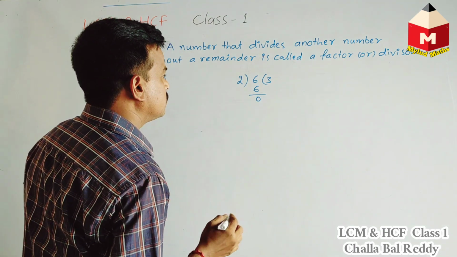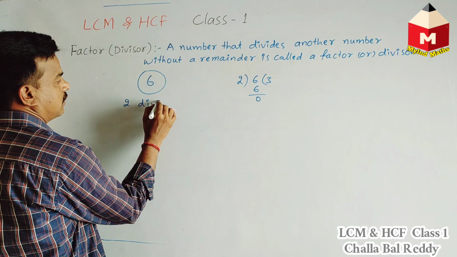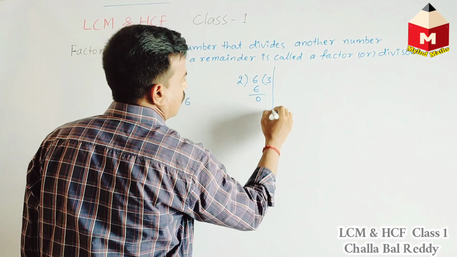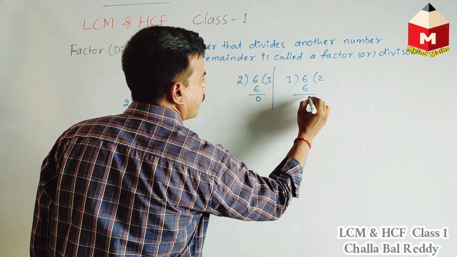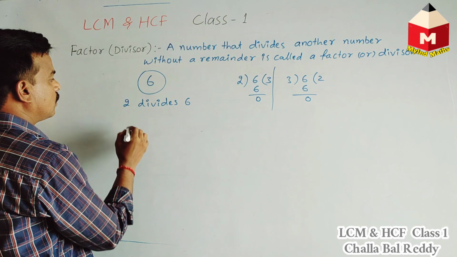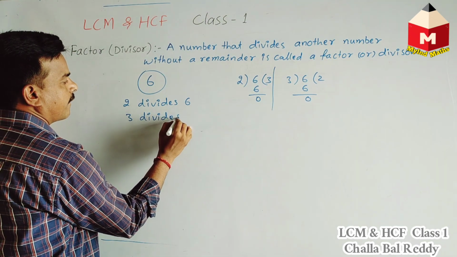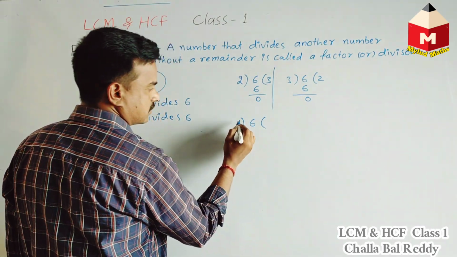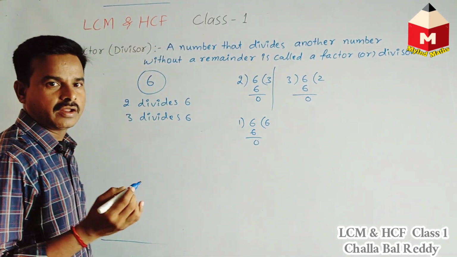So the remainder is 0. That is why we can write 2 divides 6. Also 3 divides 6. 3 times 2 is 6. Remainder is 0. So 3 divides 6. Also 1 divides 6. 1 times 6 is 6. 0 is the remainder.